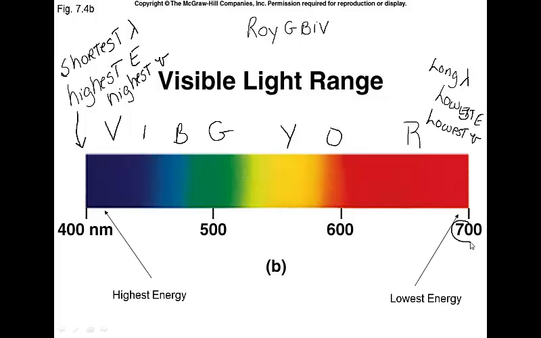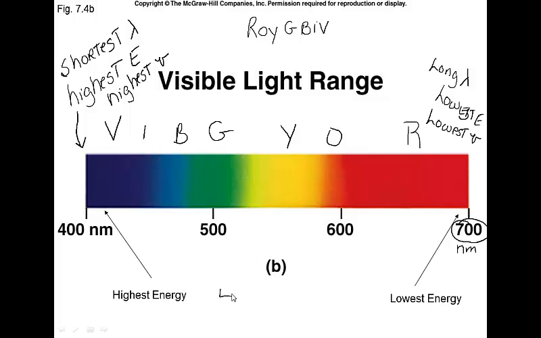Again, notice long wavelengths, 700 nanometers is longer than 400. You're going to have to be able to list it from either low energy to high or high energy to low. This is only one section of the electromagnetic radiation, and this is the only section of the entire spectrum that I want you to know the wavelength ranges.